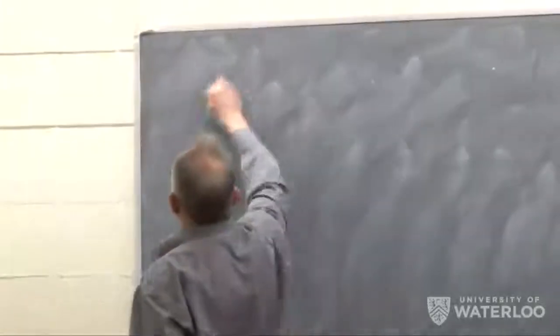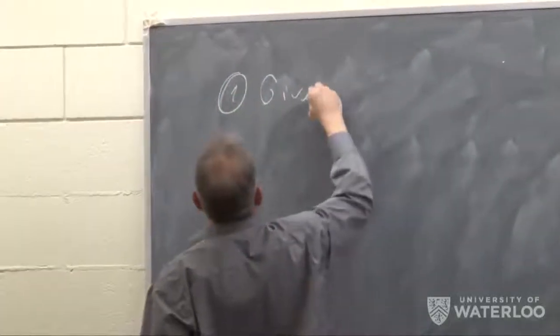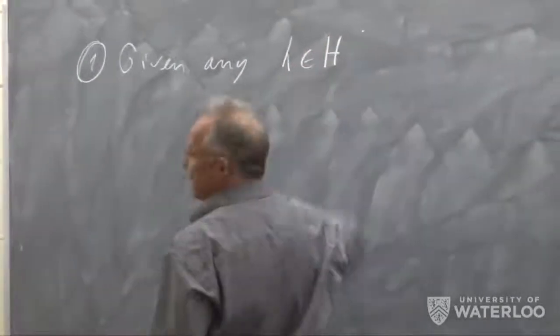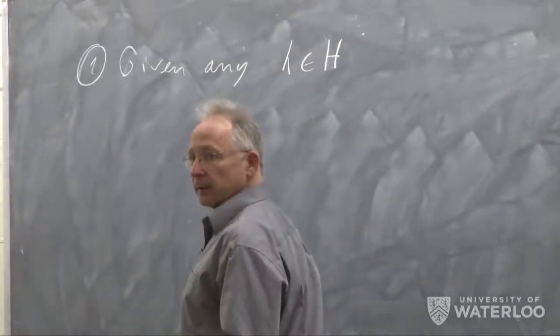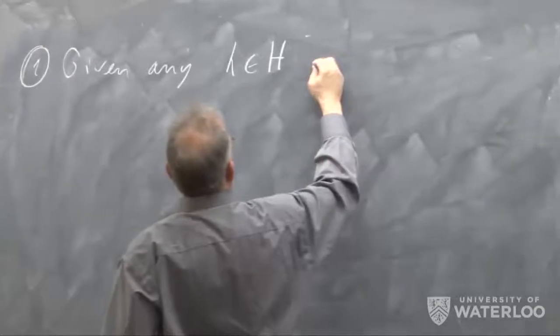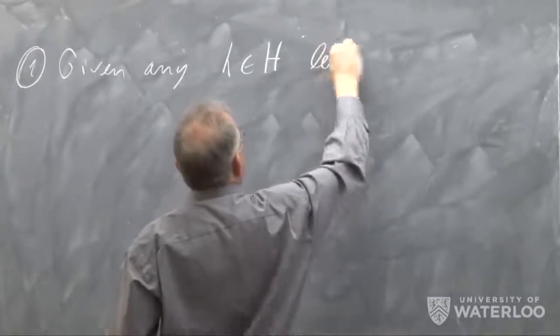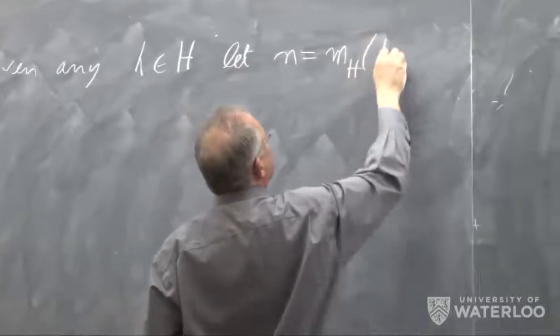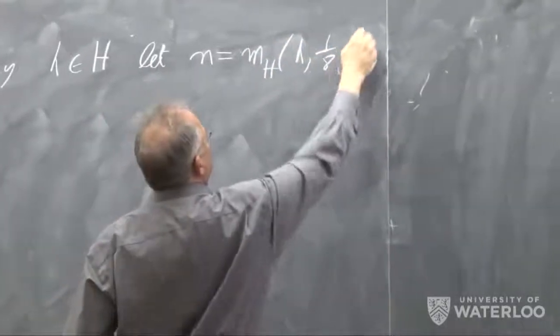So for requirement 1, it's very easy. Given any h in H, let n be mH of h, 1 over 8, 1 over 8.